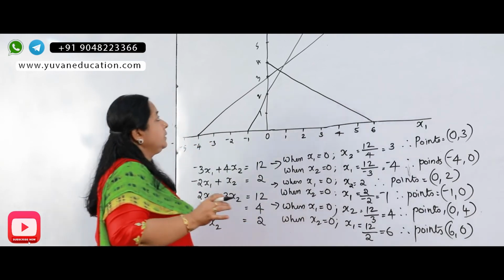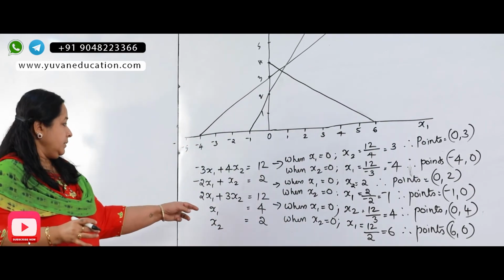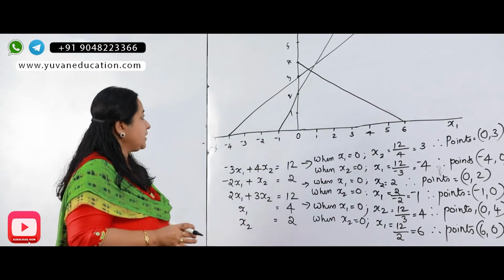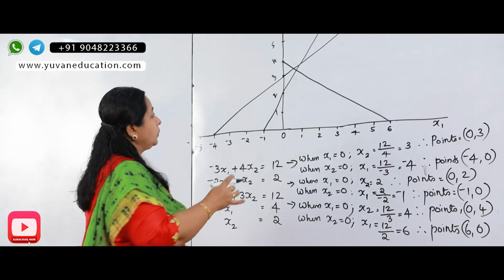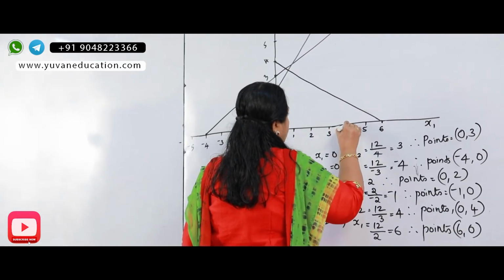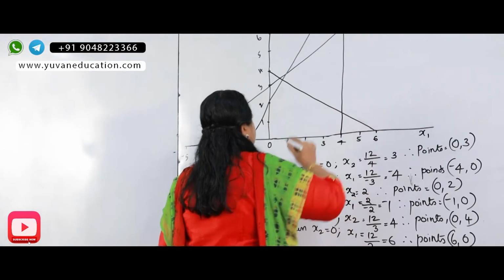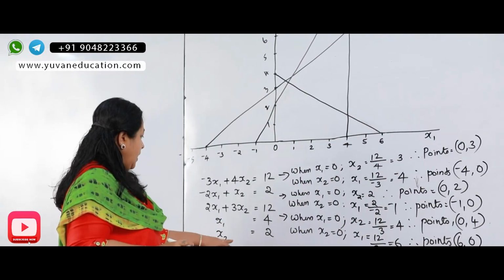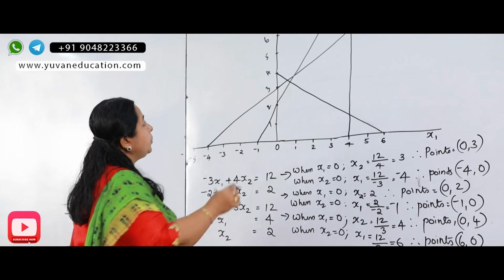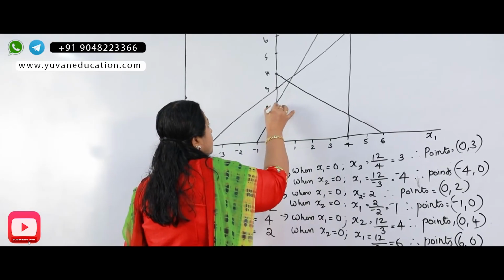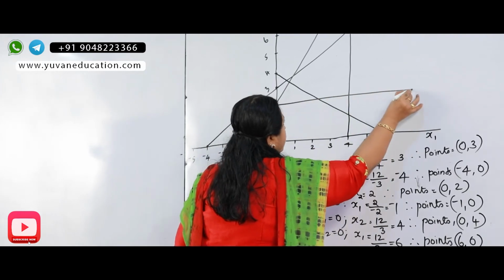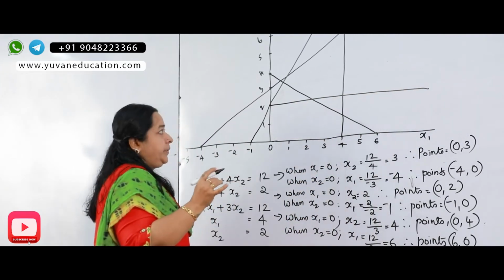Then the next 2 points. x1 is equal to 4. So from 4, you can draw a line like this. And x2 is equal to 2. From 2, you can draw a line like this.